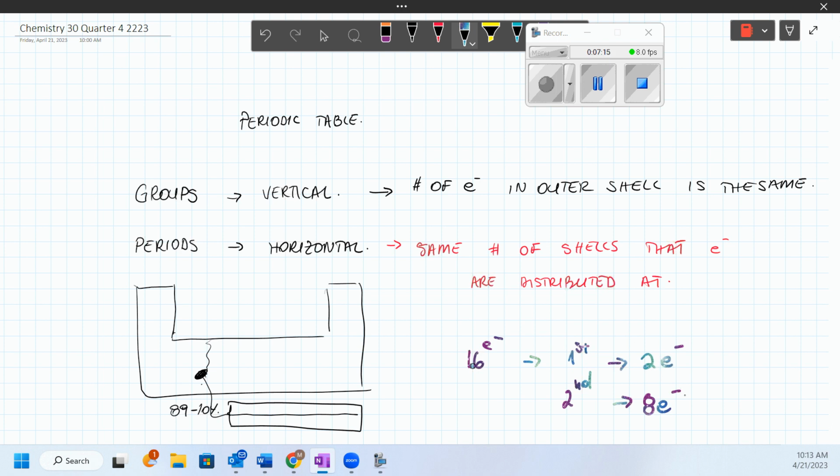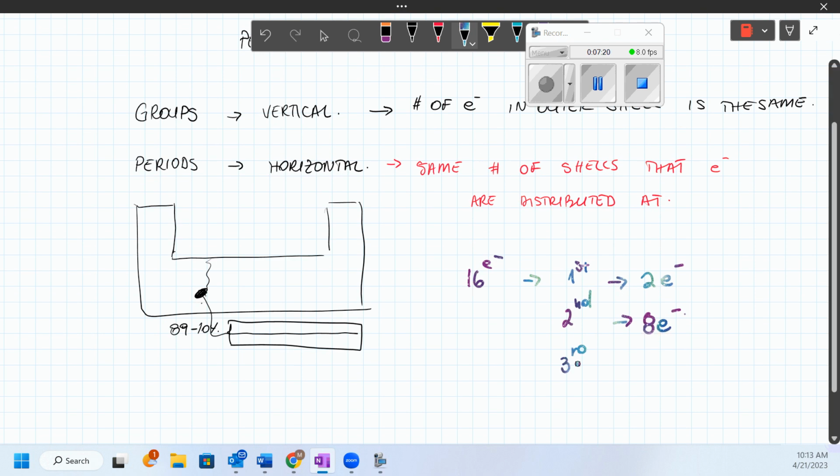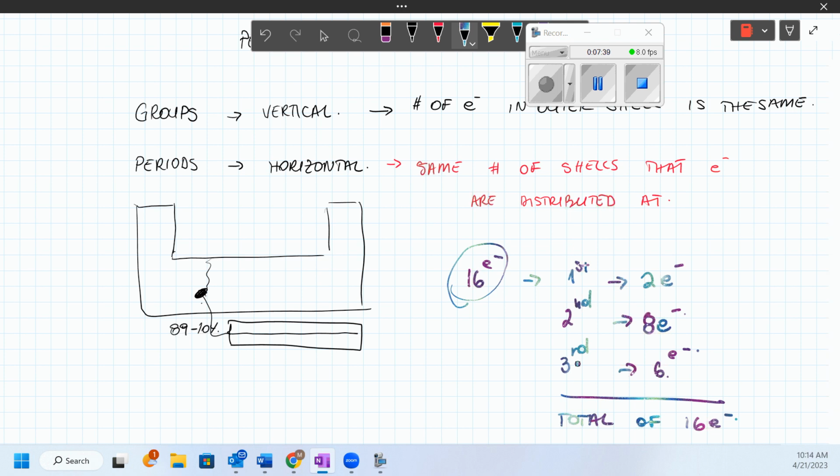So 2 plus 8 is equal to 10. And then on the third we will have 6 electrons to complete the total of 16 electrons, because 2 plus 8 plus 6 is equal to 16. You should imagine the shells as if you are shuffling the electrons into those shells, and you cannot carry more than what the shell can handle. Okay?